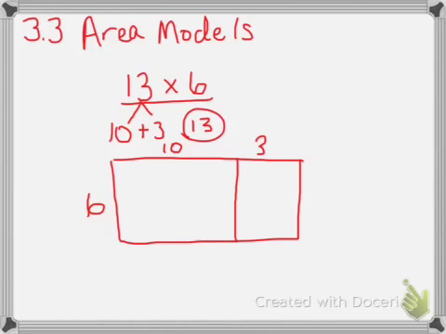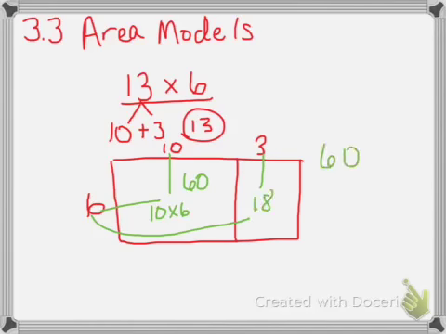And then, using this model, I multiplied 10 times 6 and got 60. And then 3 times 6 and got 18. And then I added up these partial products and ended up with my answer of 78.